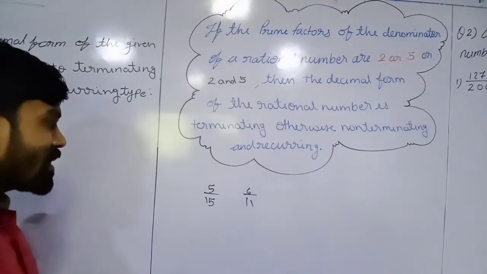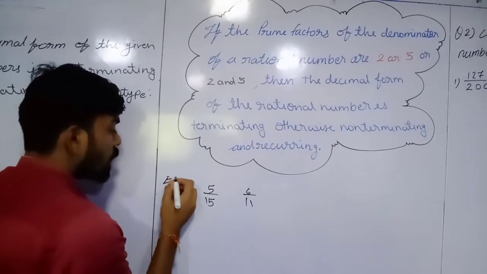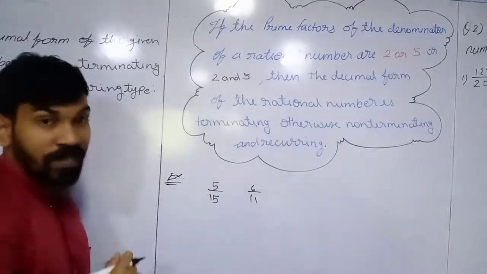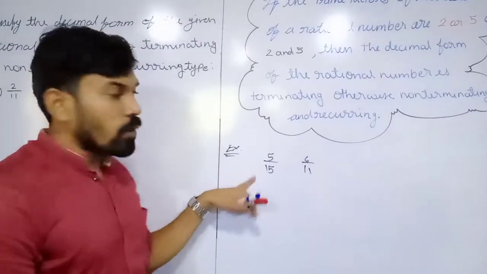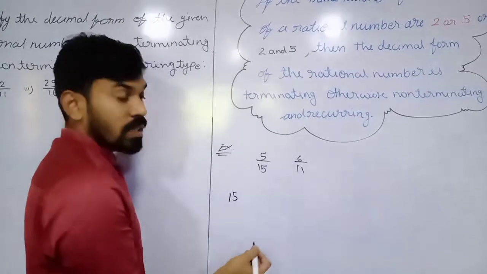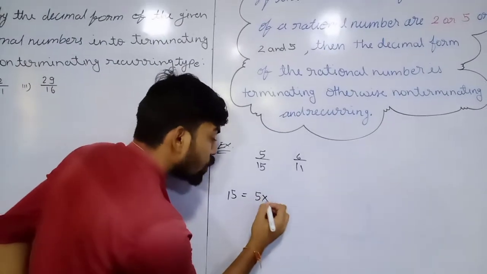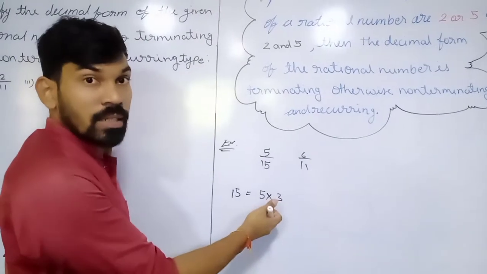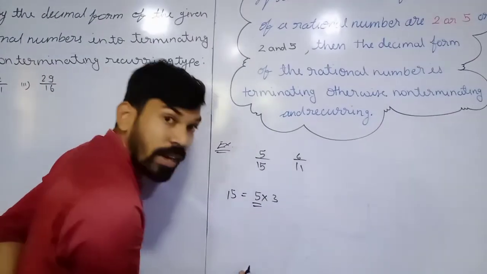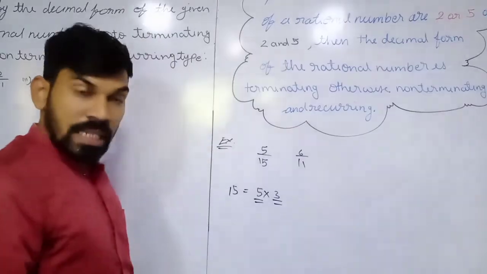Let's see with the help of examples. Here we have written the example 5 upon 15. Let's find the prime factors of the denominator. It could be 5 into 3. Can we say this is terminating? No, because we have 5, but here we have 3.